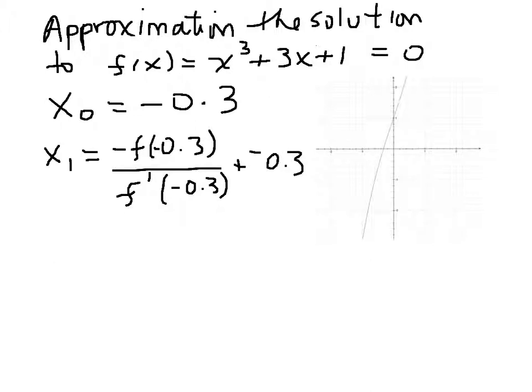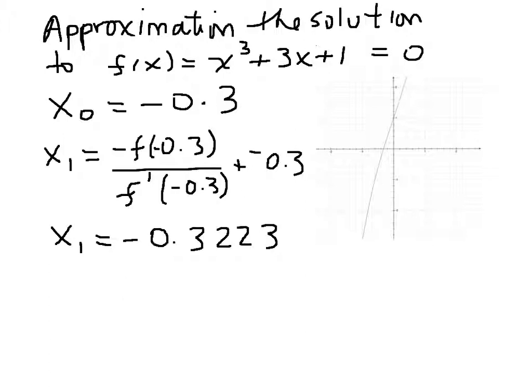If we carry out our work carefully on this, we'll see that x sub 1 can be written as minus 0.3223. And if we keep going, let's do them out.